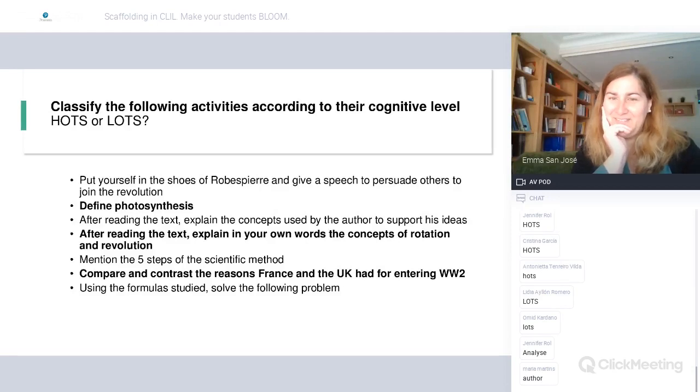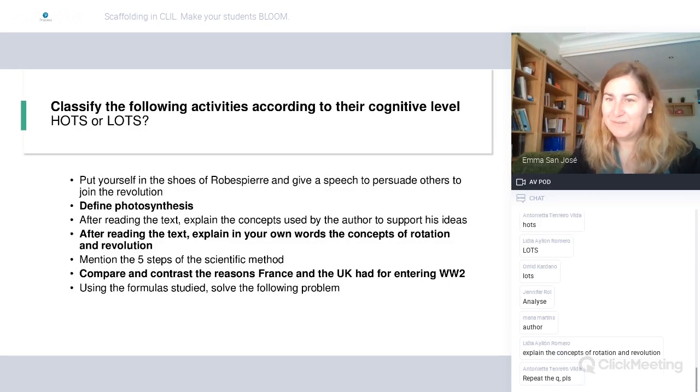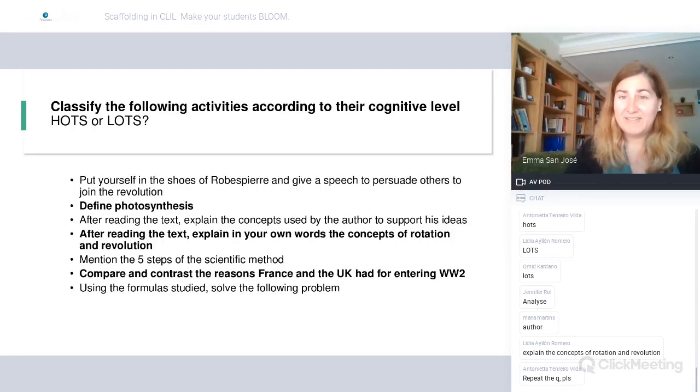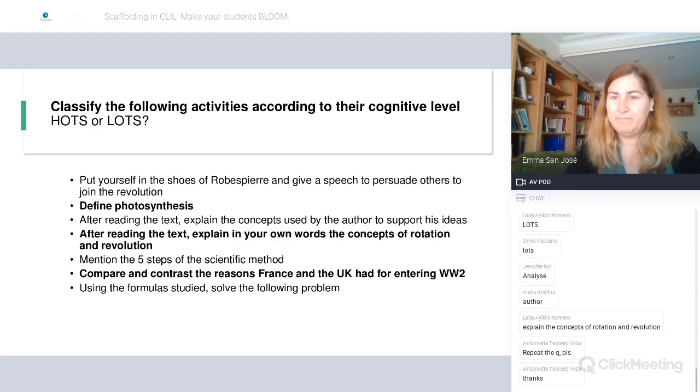Author needs to go first. The concept of rotation needs to go first. Sure, I'll repeat the question. If you were organizing these activities, what would you have to do first? Ask them to explain the concepts used by the author to support his ideas, or ask them to explain the concepts of rotation and revolution.